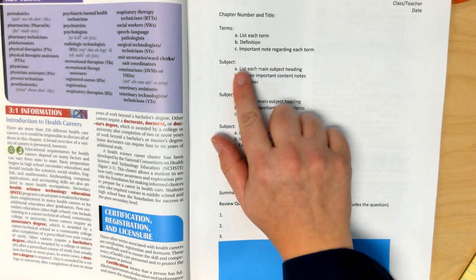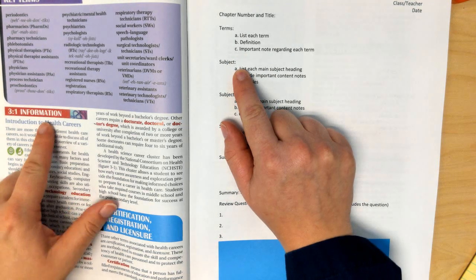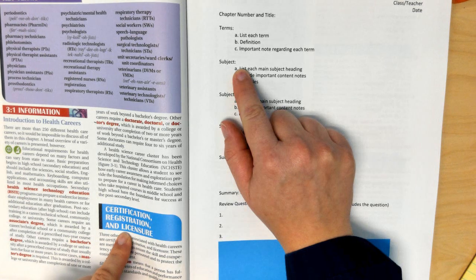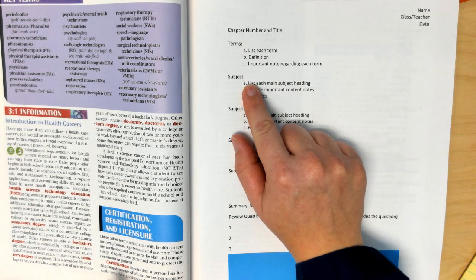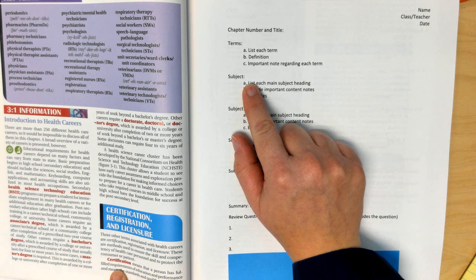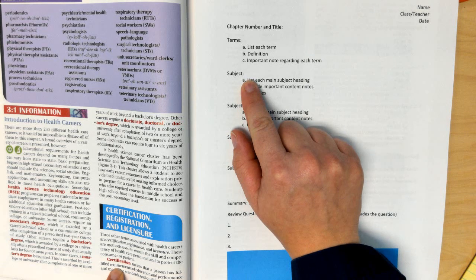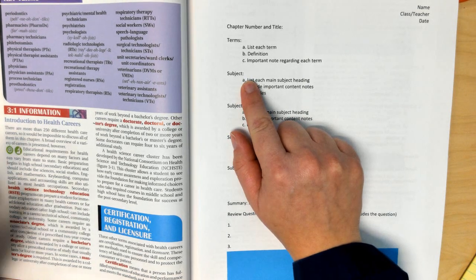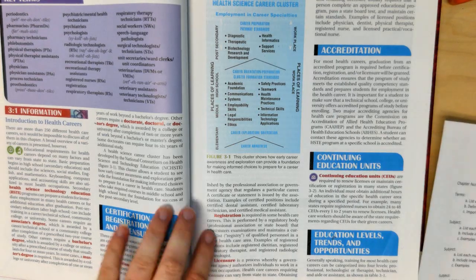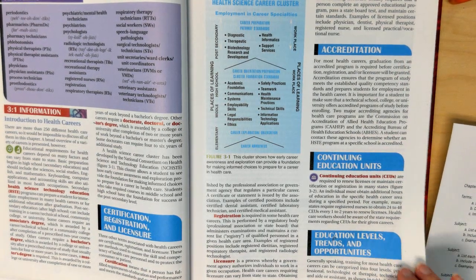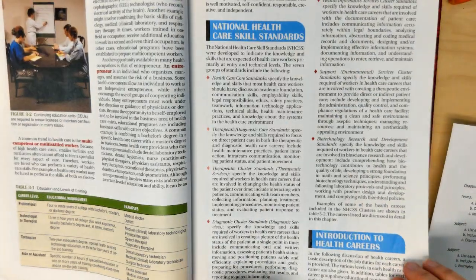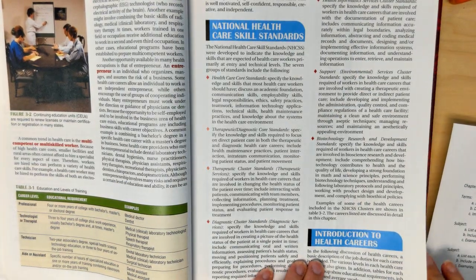In general, if it's in blue, it might be a subject, or maybe a subject could just be one item if you know a lot about that item. But in general, stick with whatever is blue being a subject. There's some blue, some blue, some blue, and so on and so forth. As you read, pay attention to those.